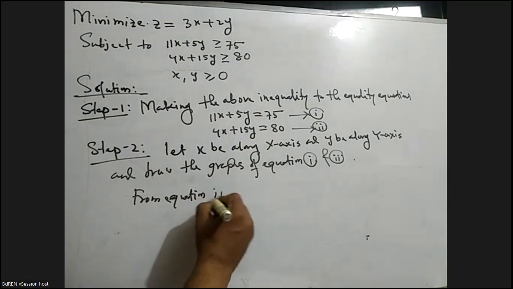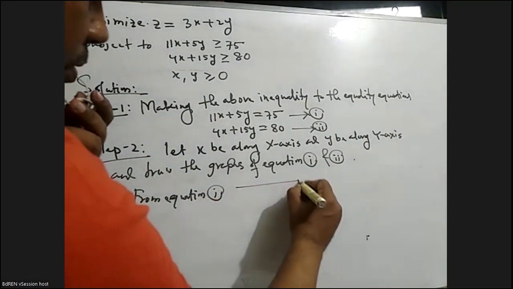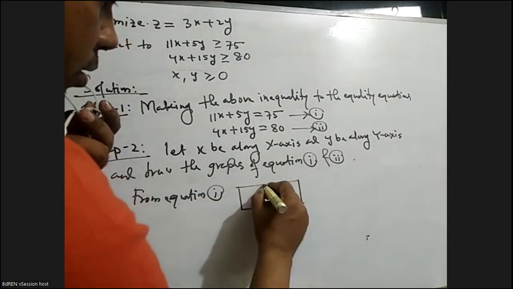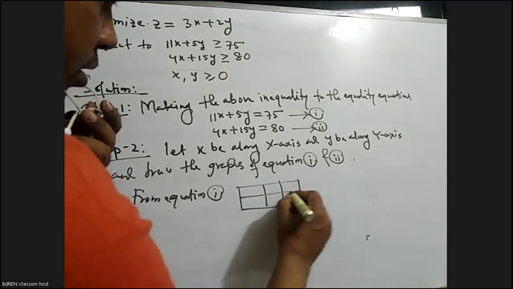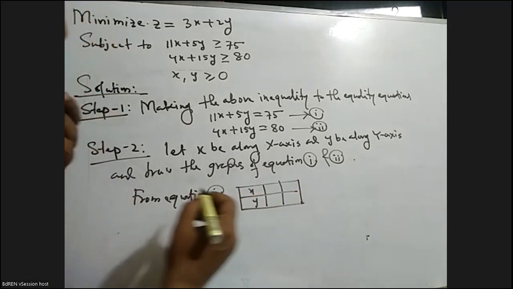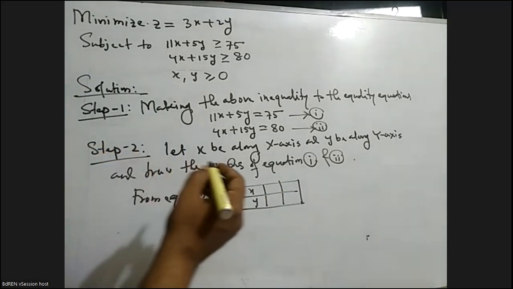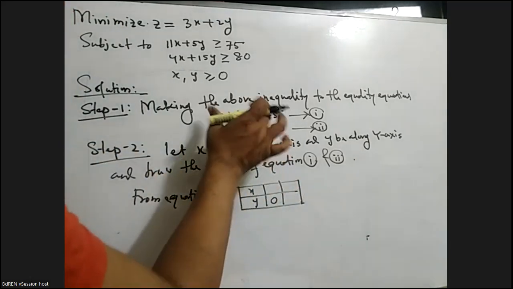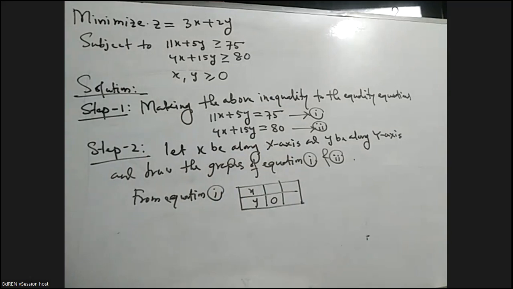How can we draw the graph from equation 1? From equation 1, we can plot 2 points. One is x, another is y. Suppose y equals 0 in equation 1, then x equals 75 by 11.